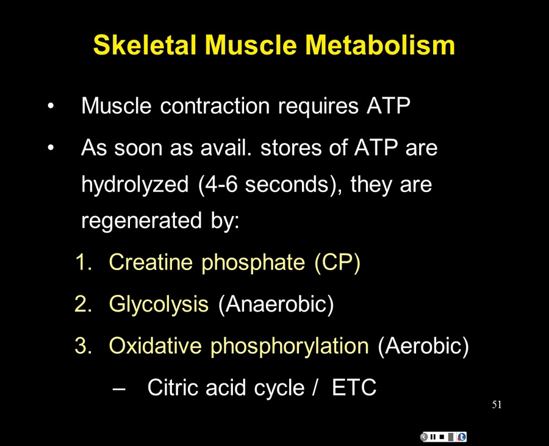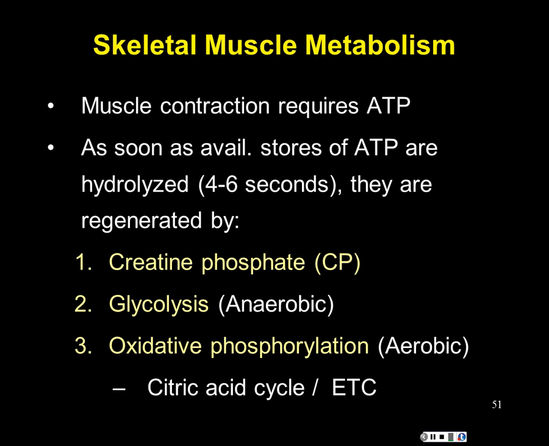Is it going to make a lot or a little? A little. Creatine phosphate has how many phosphates, do you think? One. So how much ATP do you think using creatine phosphate can make for a muscle cell? Just one. It only has one phosphate. It can add it right over to ADP and make one molecule of ATP.